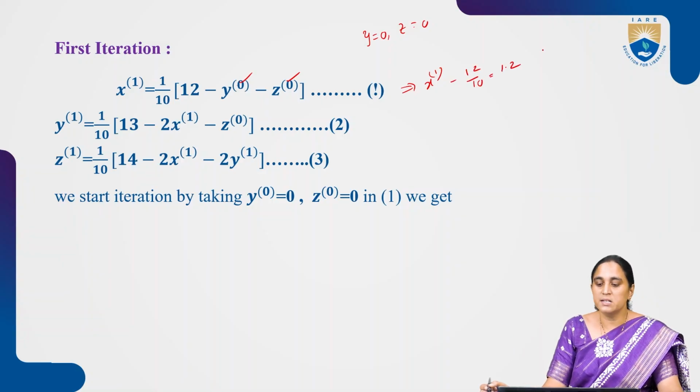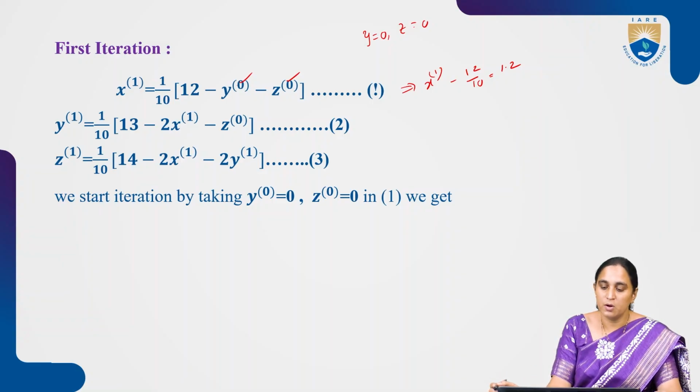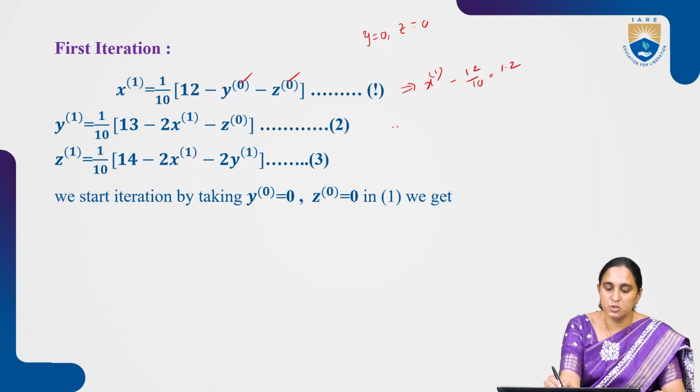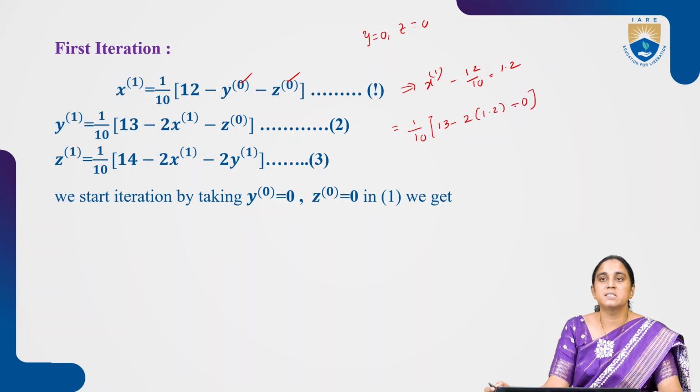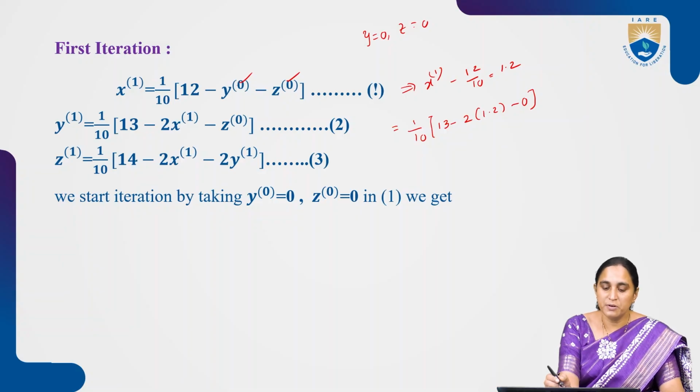Then we substitute that value in the y equation for getting the y iteration value: 1 by 10 into 13 minus 2 into 1.2 minus z, which initially we consider as 0.